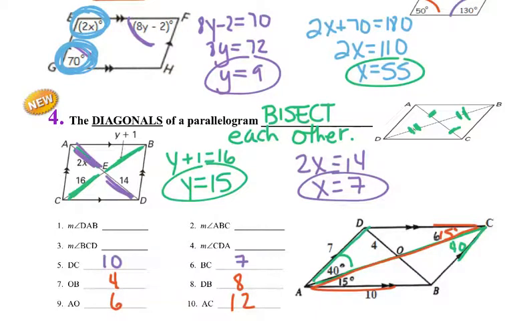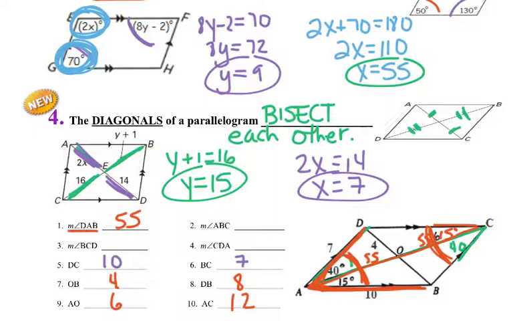So let's see if that was asked at all. Let me see. D, A, B. D to A to B. That's this big angle here. This big angle here is going to be 55, 40 plus 15. This big angle here on the other side is also going to be 55.